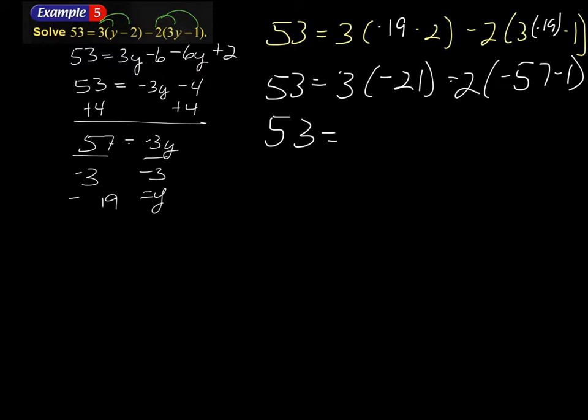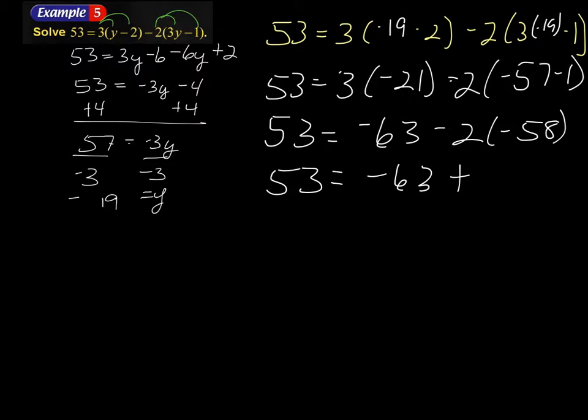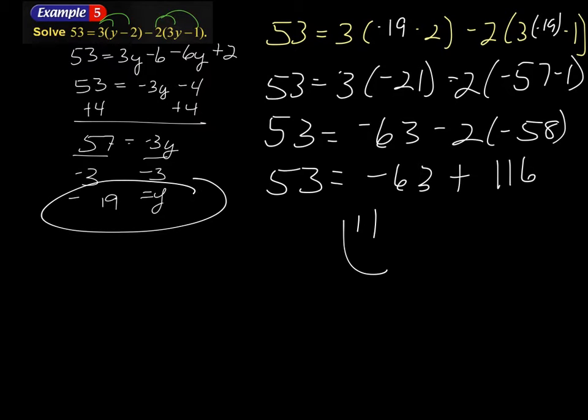Okay, so you do this on your calculator. So 53 equals negative 63 plus, and that is a true equation, so we know it's right. Now normally, yes, again, you do all of that check step business on your calculator, but I wanted to model it for you at least once so you could see how it happens.